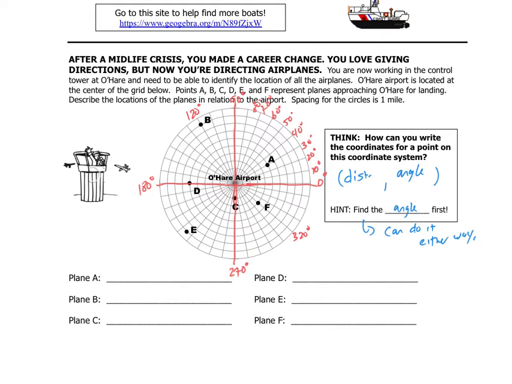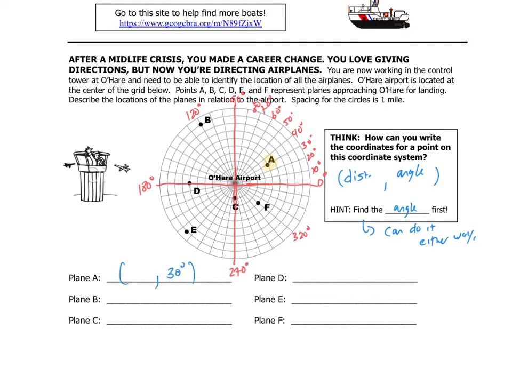So let's first try to find, locate point A. So point A, what is the amount of rotation? So we can look at point A and we see that it's on the ray associated with a 30-degree rotation. So I'm going to put that onto my grid here, or I'm on the line here. So it's 30 degrees.